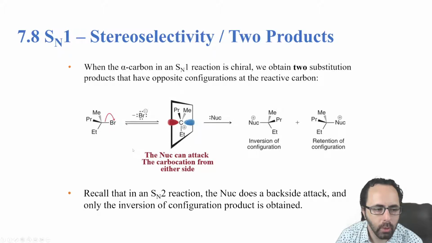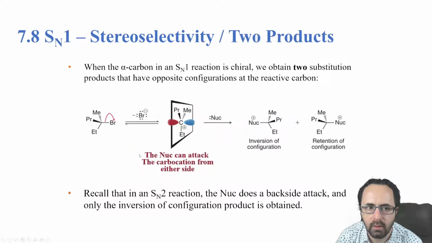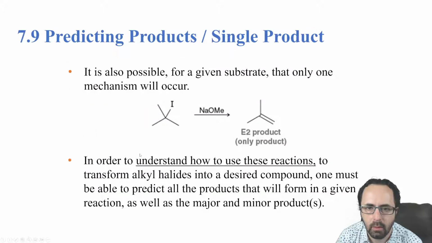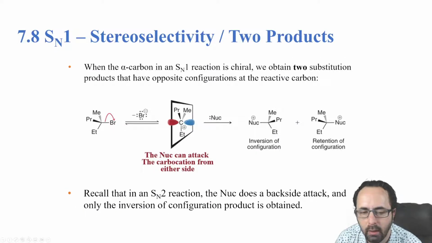When it comes to SN1 and stereoselectivity, again, you're going through a carbocation intermediate here. The carbocation intermediate is a carbon with 3 bonds and no lone pairs, so it's flat and triangular.